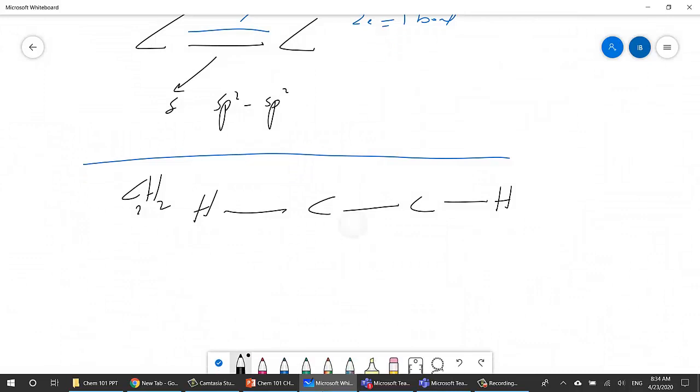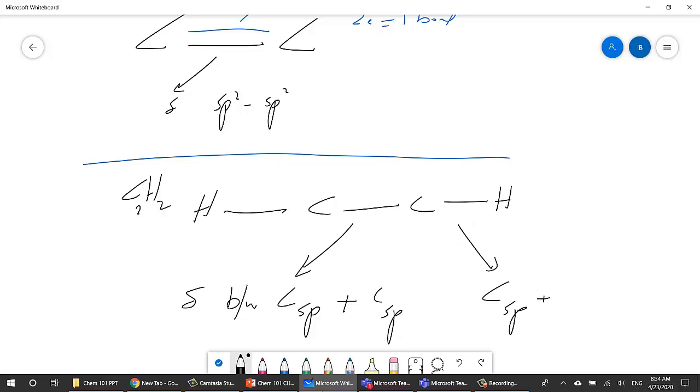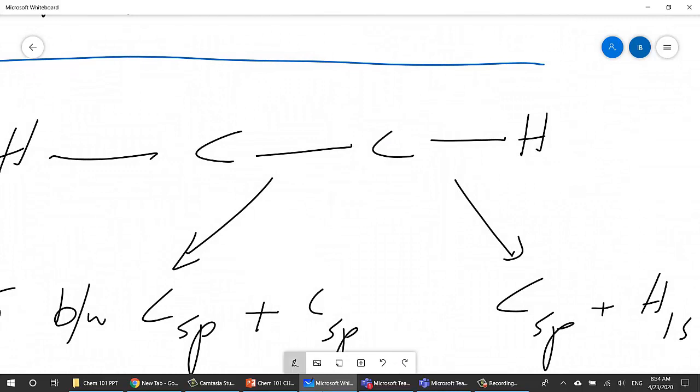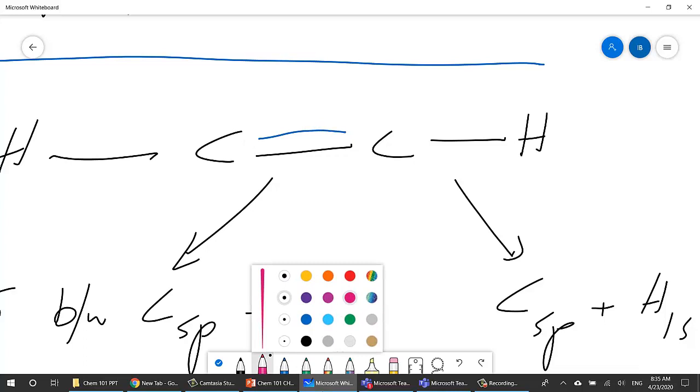This sigma bond is made between carbon with sp plus carbon with sp, not sp2, because this is linear. This bond in black is made between C with sp plus hydrogen with 1s. Hydrogen has only one s. But here we also have, let's zoom in, two pi bonds. Let's draw this one in blue and one in red.